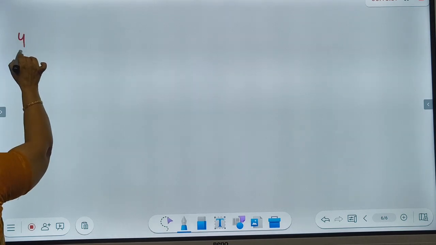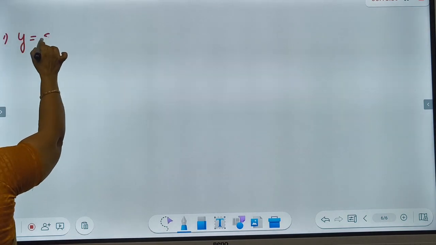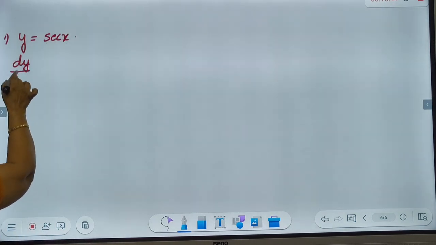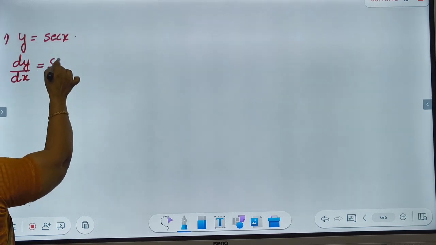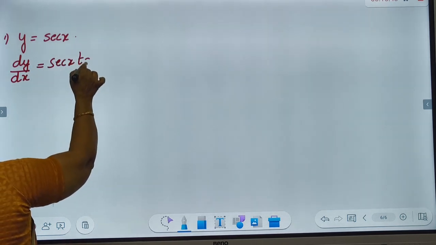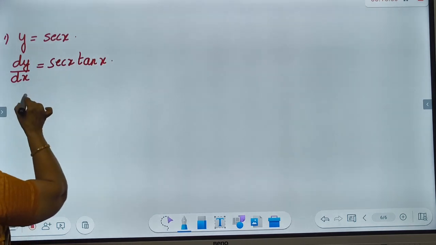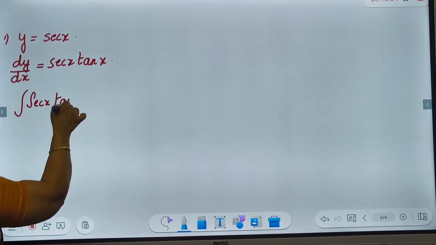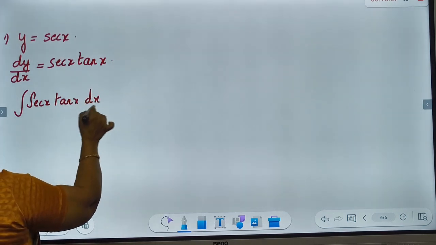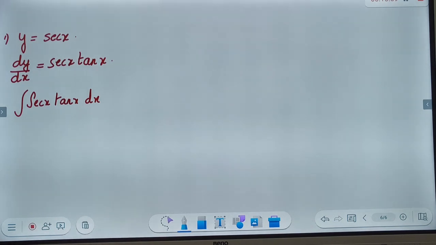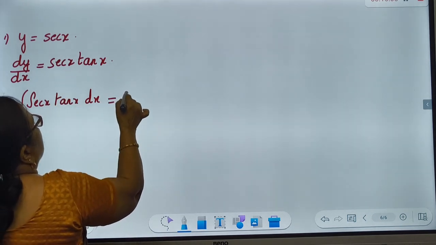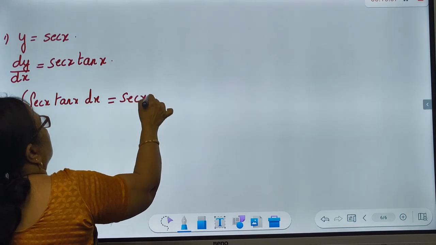Now, if y equals secant x, dy by dx will be secant x tan x. So integral of secant x tan x dx, we write this dx to say that we are integrating with respect to the variable x. So integral of secant x tan x dx will be secant x plus c.